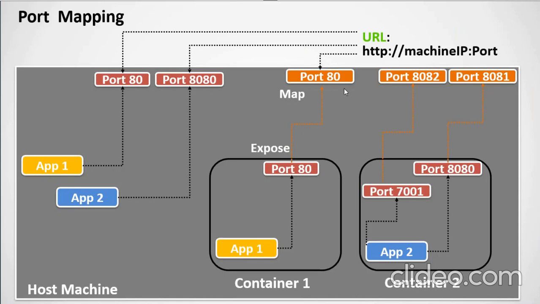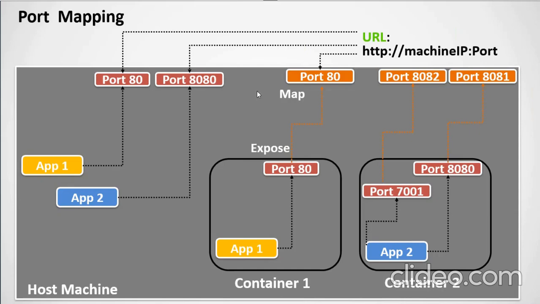No, no, that's what I'm saying. On the host machine, one port is mapped to another port. Whether that is coming from this container or directly from the machine, one port is available to use only once. For example, if you've seen this diagram, I cannot map this as port 80 because port 80 is already taken by this app.